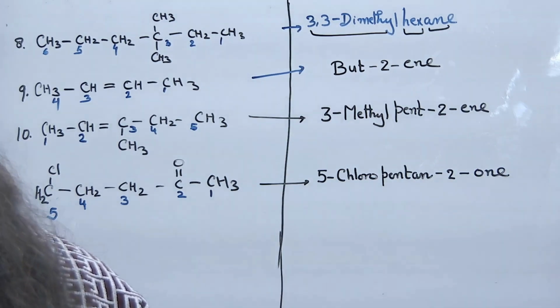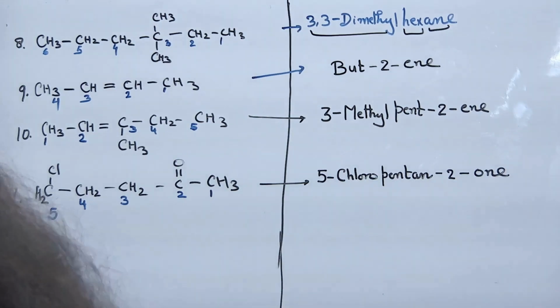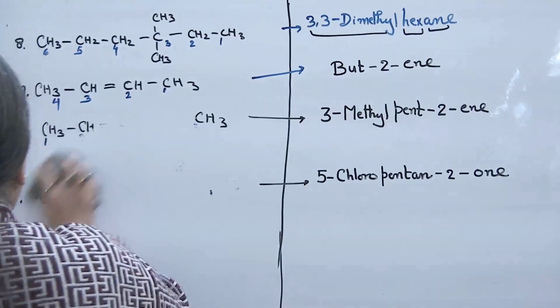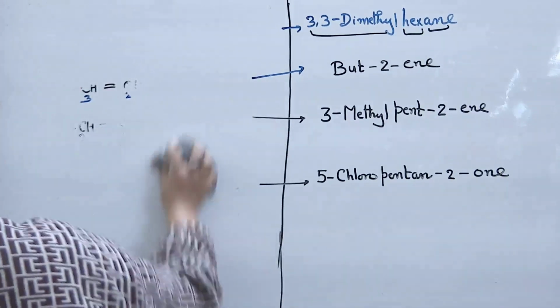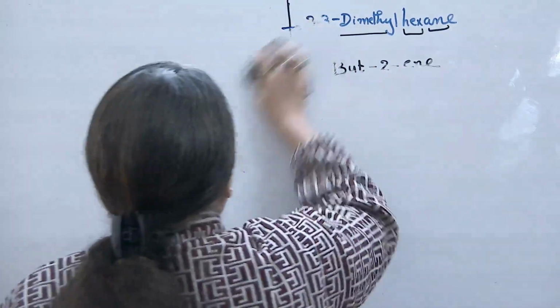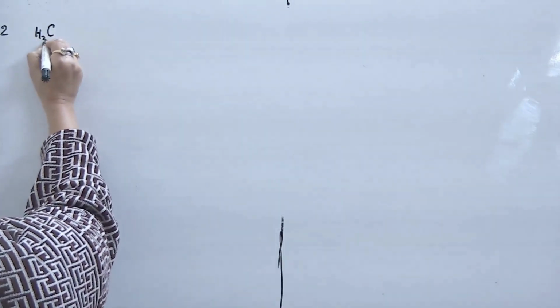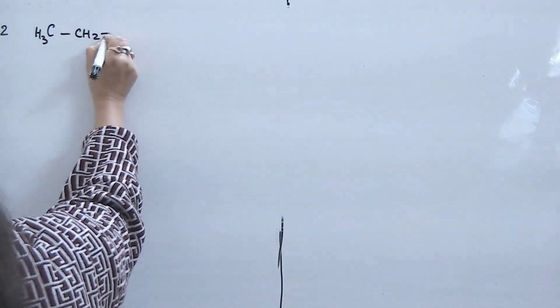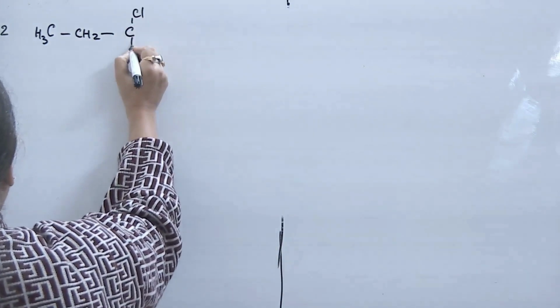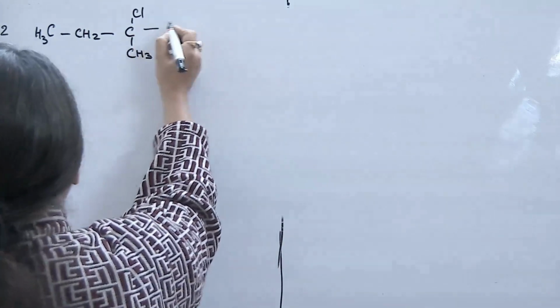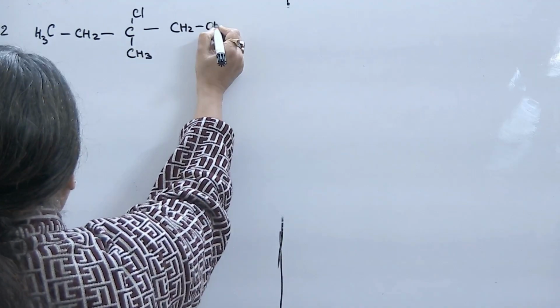So let's take few more examples. Now we have this CH3, CH2, CCl, CH3, CH2OH.